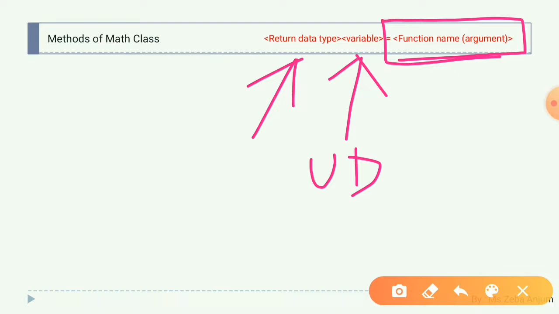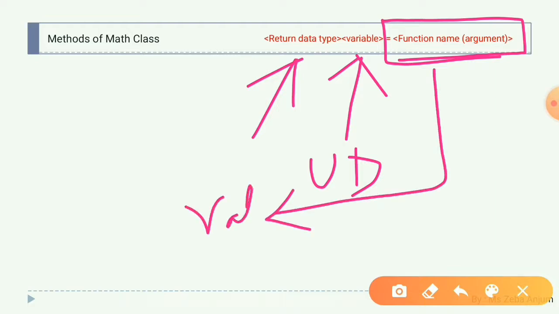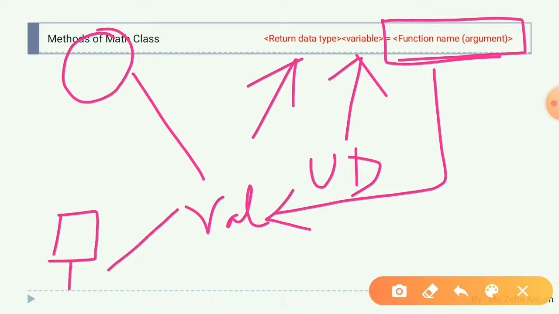The concept here is that this function always returns one value. Every mathematical function returns a value, and you can use this value depending upon your choice. Either you can store it in a variable, or you directly use this value and print it on the screen. So you have two methods.